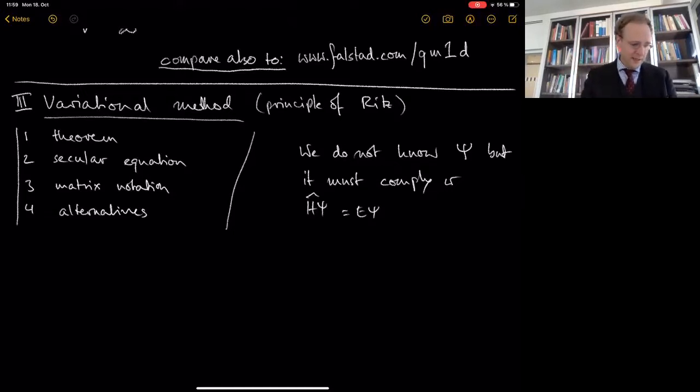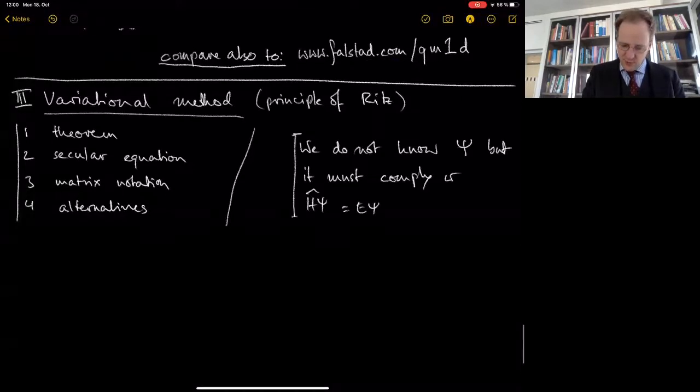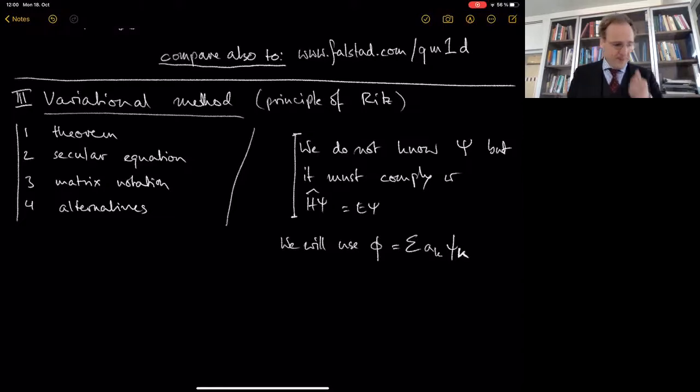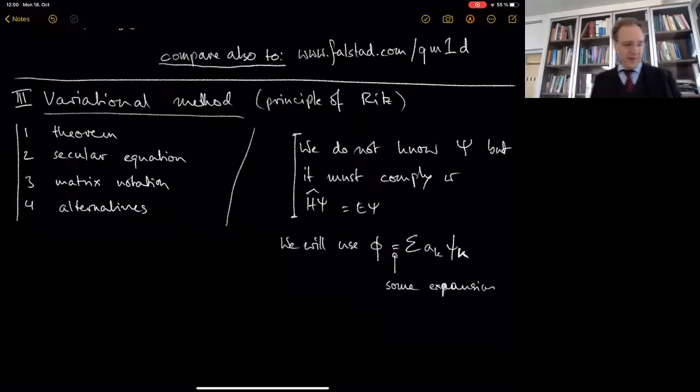We know it's important, right? And we can, of course, approximate psi with some trial functions, right? So we will discuss how to do this within this chapter. And basically, we will use some expansion in eigenfunctions, okay? And the variational method will basically help us to get the coefficients.